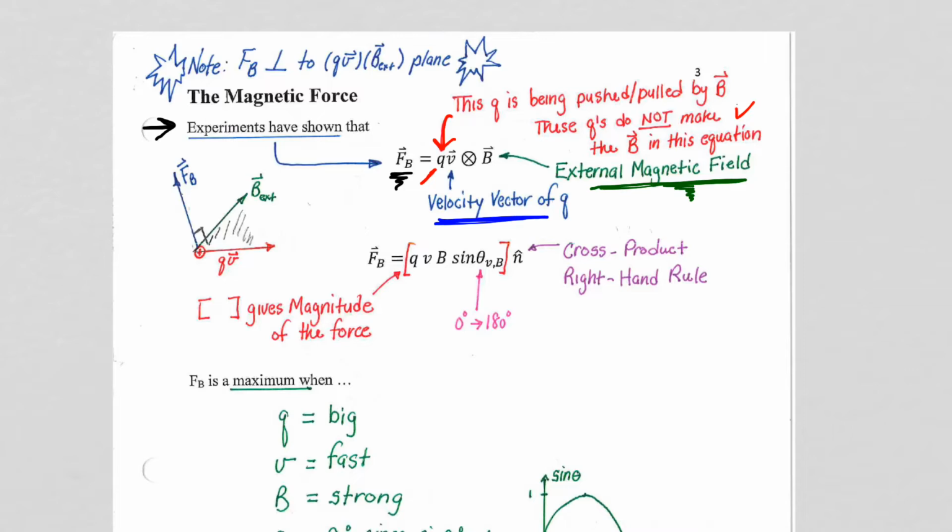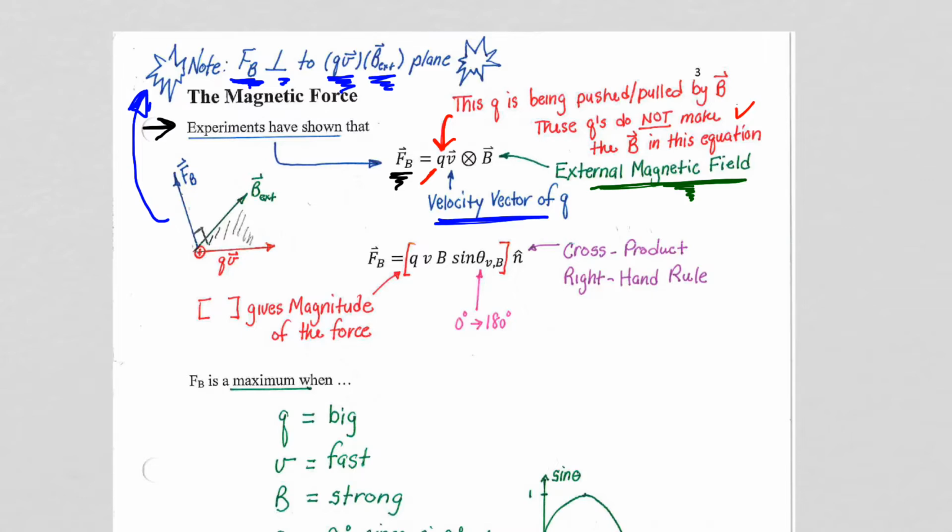magnetic force. Notice, and I'm up to my notation here at the top of the page, because it is important for you never to lose sight of the fact that always, because of the cross product, the magnetic force will be perpendicular to the QV vector and the B vector, because it's perpendicular to the plane of those two vectors based on our right-hand rule and our cross product.